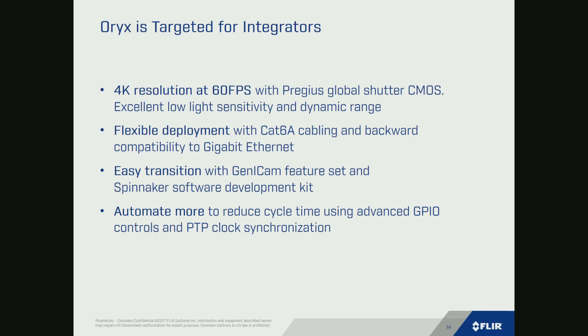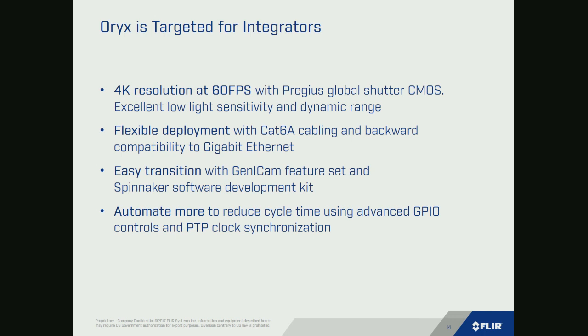We also really focused on flexible deployment, using all of the advantages of 10 GigE: that cabling, that backward compatibility, to support a really easy transition. Using our Spinnaker SDK, which is a GenICam feature set and kind of industry standard, any other vision system development you've done you can carry over to the Oryx.